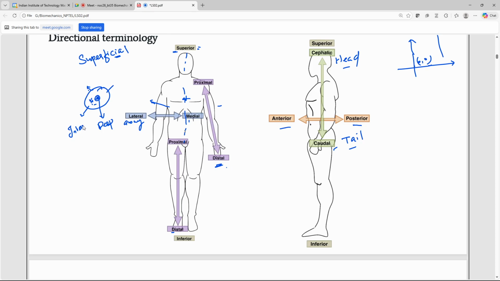So these three terms, superficial, intermediate, and deep, come into the picture when we have a section of the body, when we are looking inside the body.